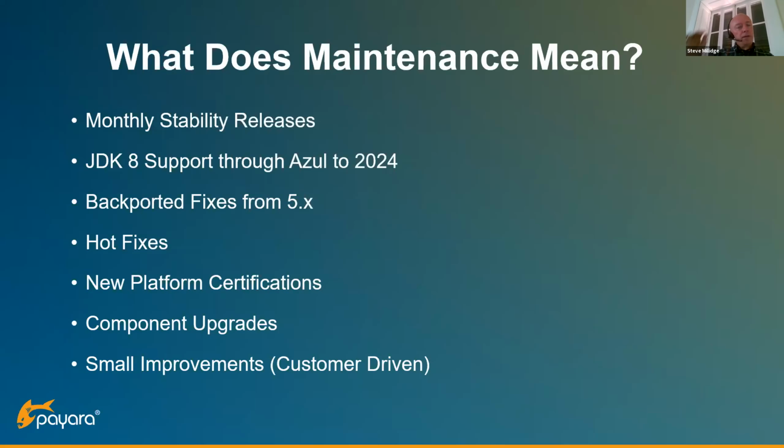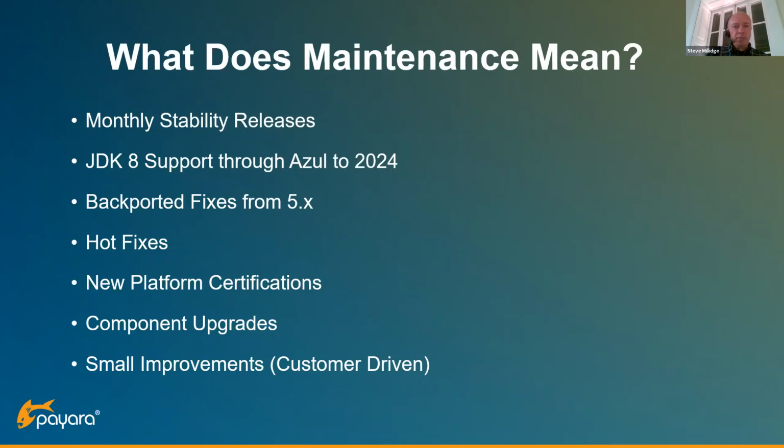So Payara 4 is going into maintenance with the release of 19.1. So what that means for customers is that essentially the feature stream, which is one of the streams that customers get over and above the open source, stops. And what we do is we maintain the stability stream.